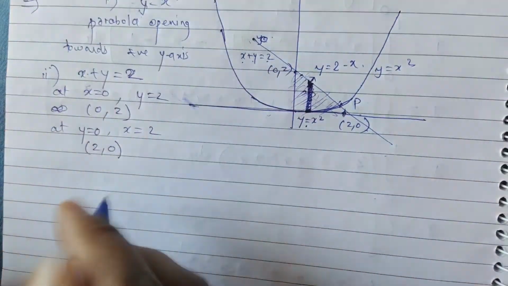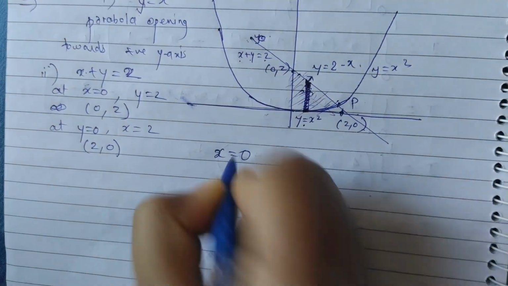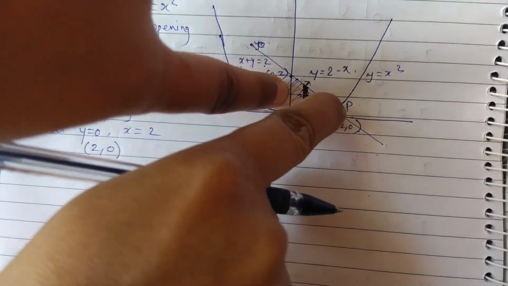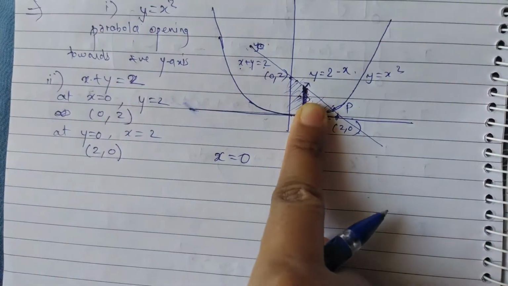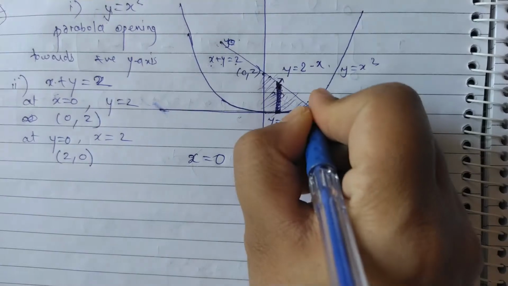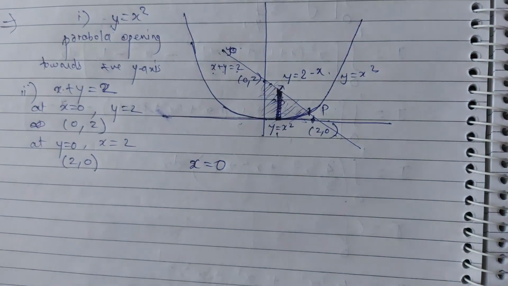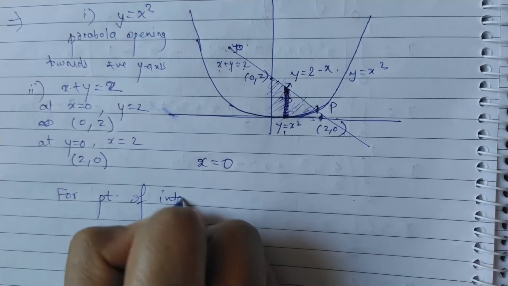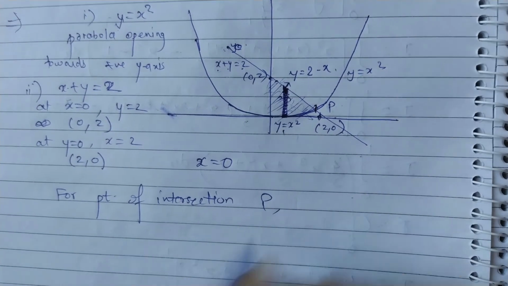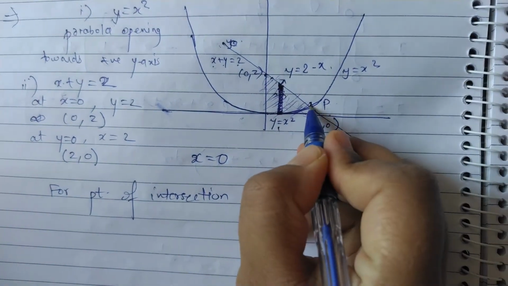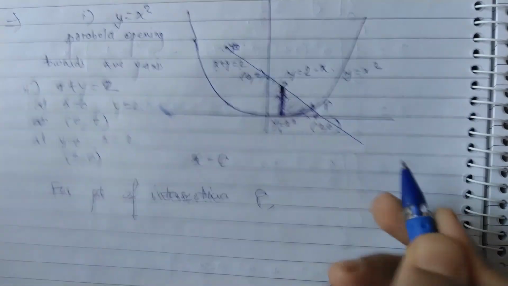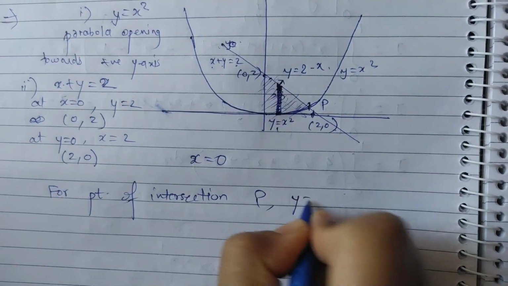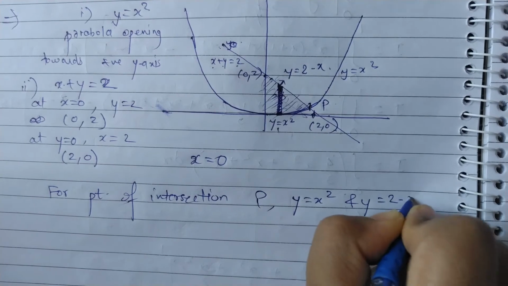The starting point is the y-axis, that means the lower limit of x is 0, and it will move up to this point P. That means for the upper limit of x, we need to find this point of intersection P. For point of intersection P, P lies on the parabola as well as the straight line. So it will satisfy the equation of both the curves, that is for P, y is equal to x square and y is equal to 2 minus x also.